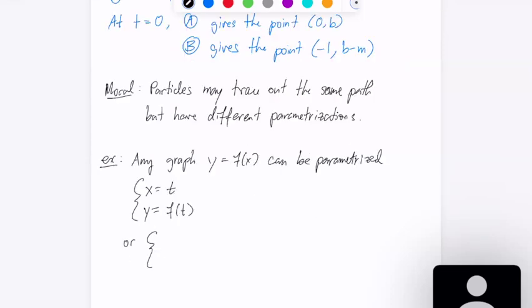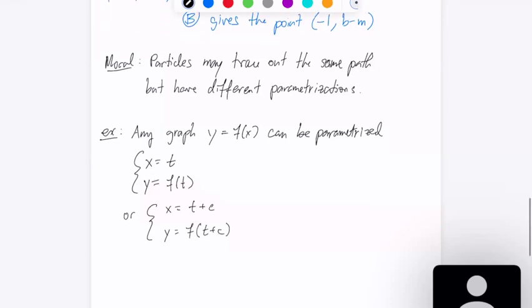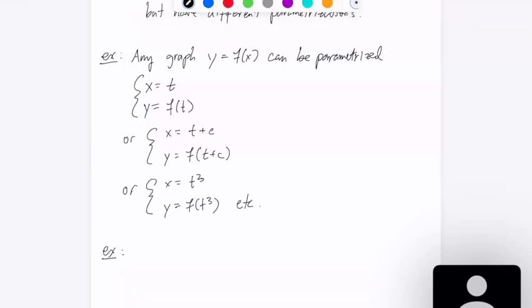Or you could also just shift what x is. x could be t plus c for some constant c, and y is just equal to f of t plus c. Or in general, you could do x is equal to some function like t cubed, y is equal to f of t cubed, etc. Right? So many different parameterizations. You could be creative with these things. And then finally, another classic is parameterizing circles.